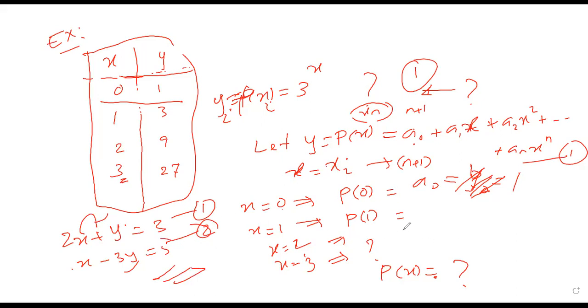So I need you to finally answer me what is P naught, P1 up to P3, as well as the final polynomial P(x). So this is your target now.